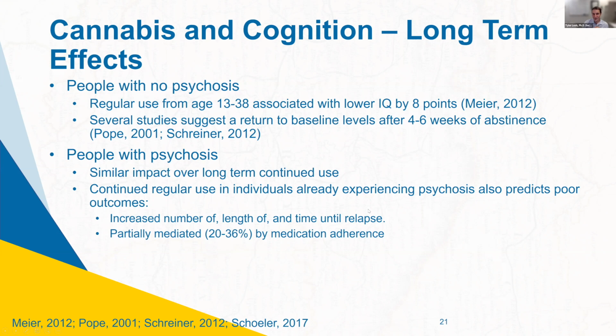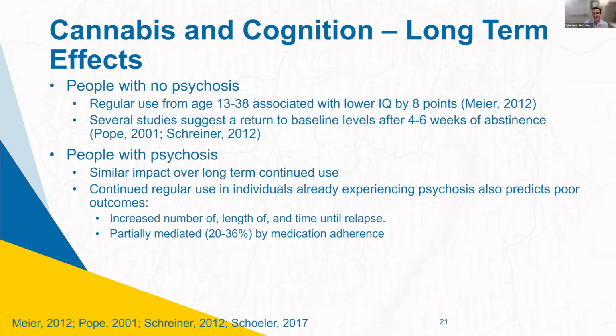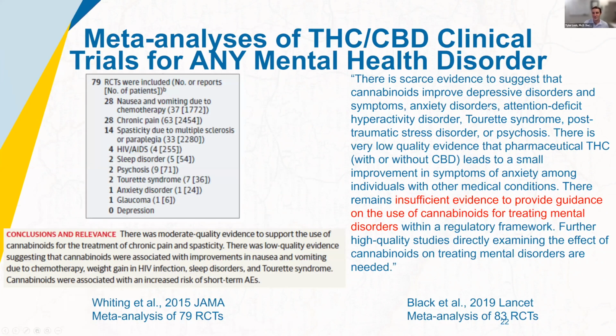Part of what we think might be related to that is that there are some indications that cannabis use makes you a little less likely to adhere to your normal medication regime. So you're more likely to skip a dose or forget to take some of your medication, and that might make you more likely to have symptoms get worse.